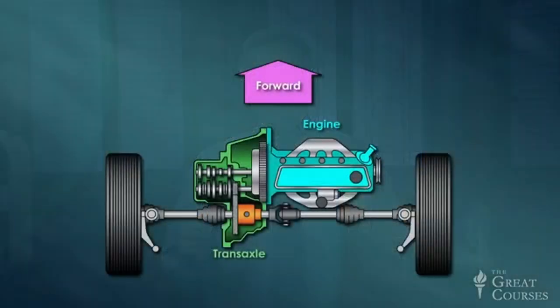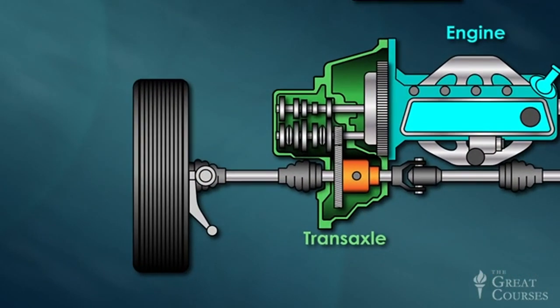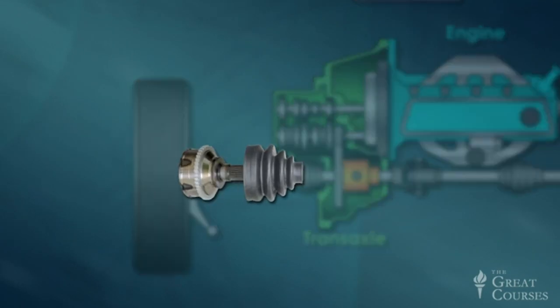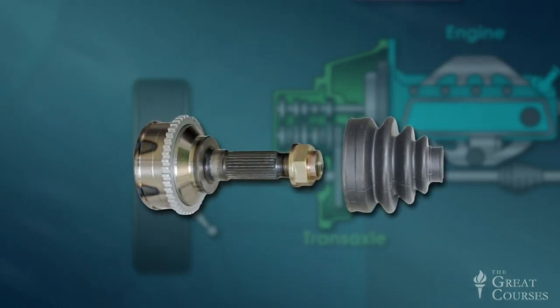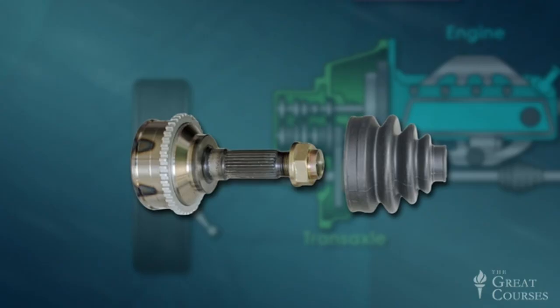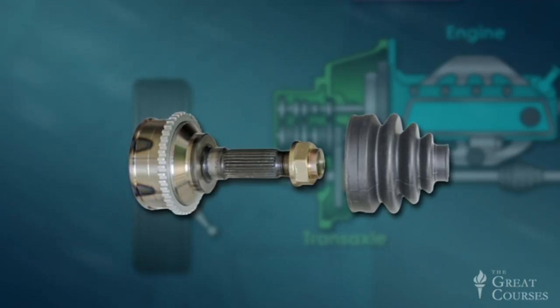But perhaps the most important disadvantage of front-wheel drive is that integrating power transmission and steering into a single axle significantly increases mechanical complexity. For example, these axle shafts must be connected to the drive wheel hubs through very sophisticated universal joints called constant velocity joints, or CV joints, which provide for steady transmission of power even as the wheels pivot due to steering and move up and down due to the operation of the suspension system.